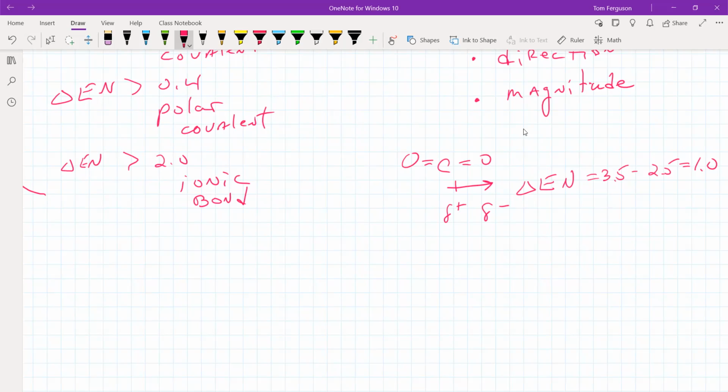However, this side has the same quantity, 1.0, but the direction is absolutely opposite. So the first thing to look at with vectors is the quantity, then you look at direction.